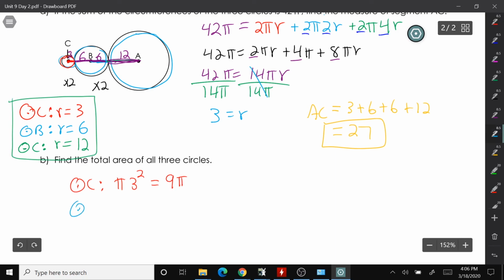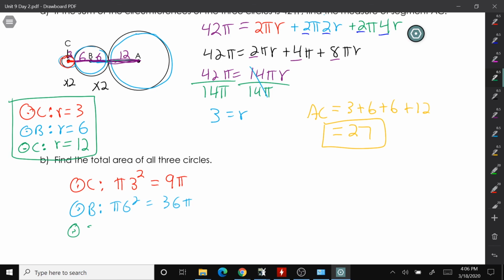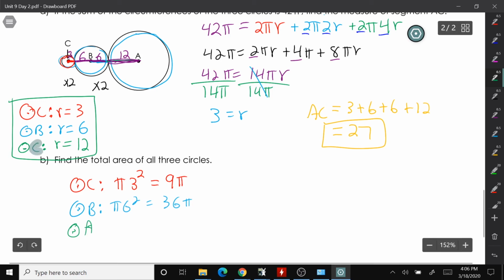For circle B, that is going to be pi times 6 squared, or 36 pi. And then for circle A, sorry, all the way up here, I messed that up. Circle A, that's going to be pi times 12 squared, or 144 pi.